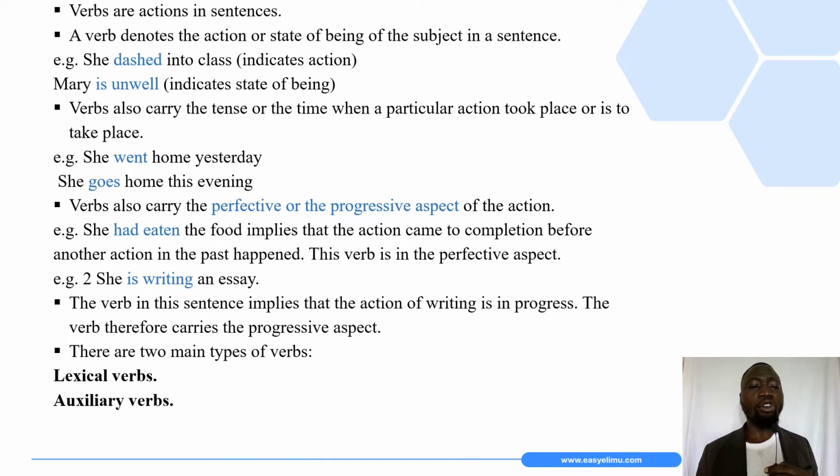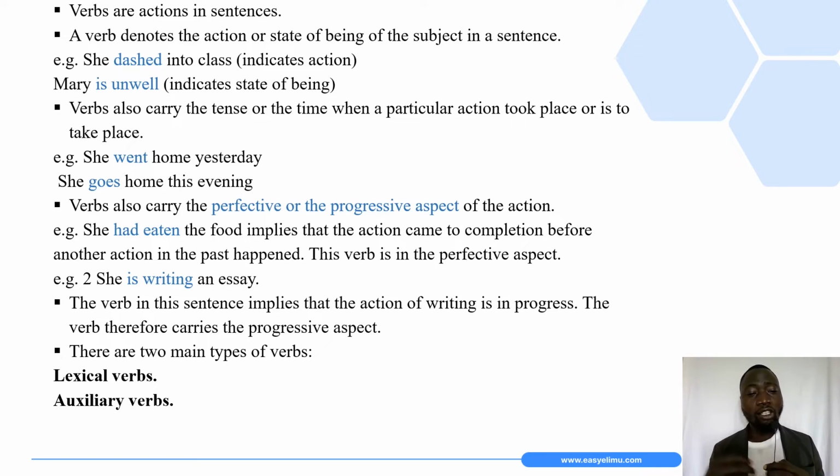something progressive. So verbs also carry the perfective or progressive aspect of the action. So when we talk about perfective aspects, these are completive actions that are complete. They are in complete forms. Then progressive aspect talks about something that is continuing, something that is ongoing.